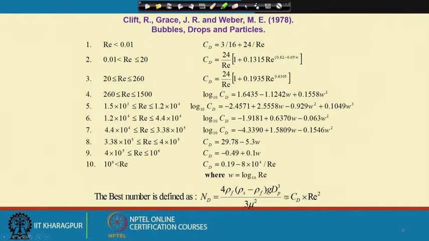Now, you see that these are the prior information we can easily have about the particle and the fluid, because if I know the fluid and the temperature, I can easily get rho f and mu f, and particle size and particle density I can measure, and we all know the gravitational acceleration. So, this is equal to C d into R e square.